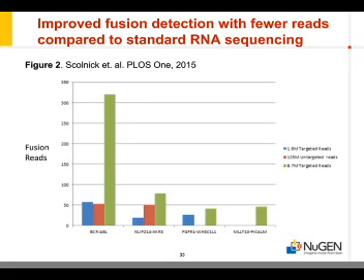So if you look at the first example fusion, BCR-ABL on the left, even at 1.6 million reads for our targeted sequencing library, we're able to identify the same number of fusion supporting reads as in the 125 million untargeted library.